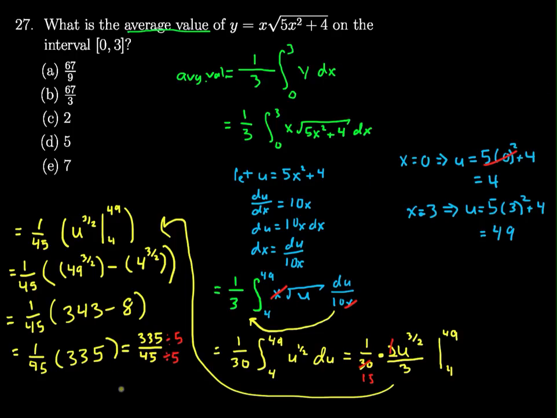That's just going to be 9 on the bottom. 335 divided by 5. If I do this, 300 divided by 5 is 60. 35 divided by 5 is 7, so that's going to be 67. And if you can't do it in your head, just make your little division black box thing, put a 5, put a 335, and just go at it. You'll get the answer. And hey, answer A. We did it correctly.